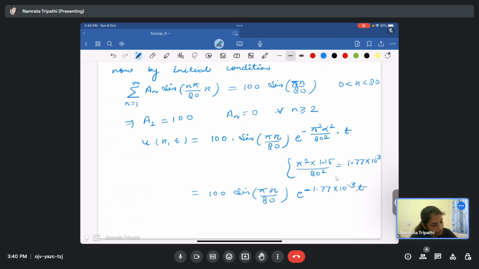Now the question says: how long will it take for the maximum temperature in the bar to drop 50 degrees?